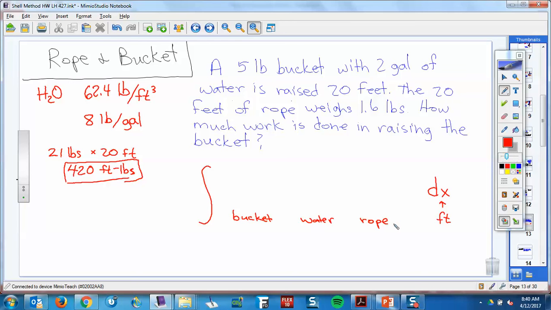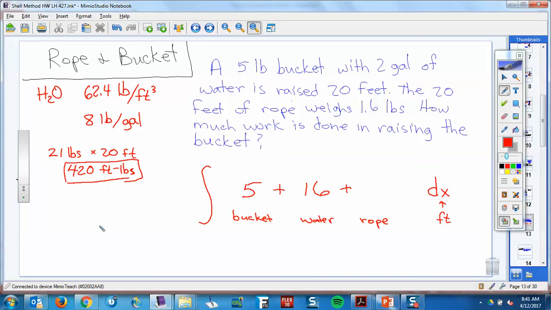We've got to get all 3 of those added up. They all weigh something. The bucket and water aren't going to change, but the rope is, so there's going to be an equation in there for the rope. I'm not going to show you how to get that equation yet. The bucket is 5 pounds, not going to change except for gravity, and we're going to ignore that. Plus the water, 16 pounds. And now the rope.